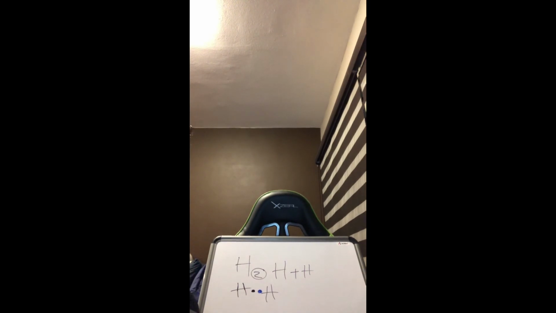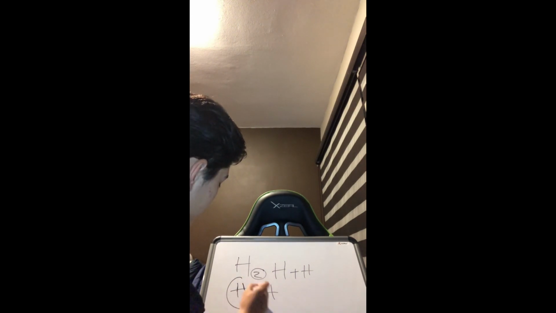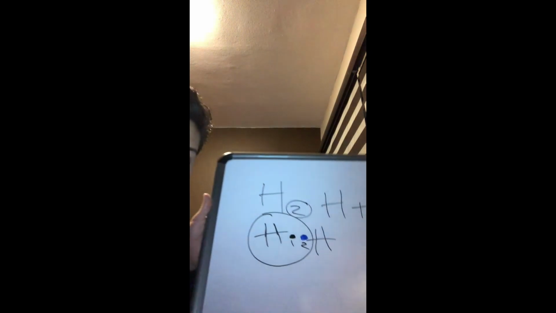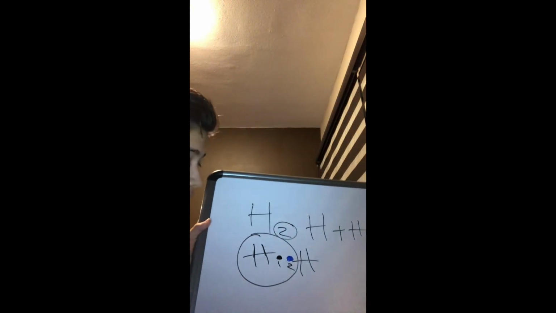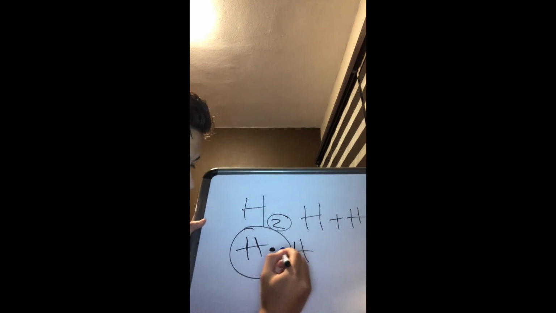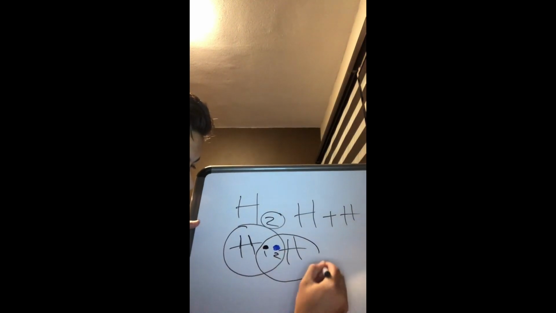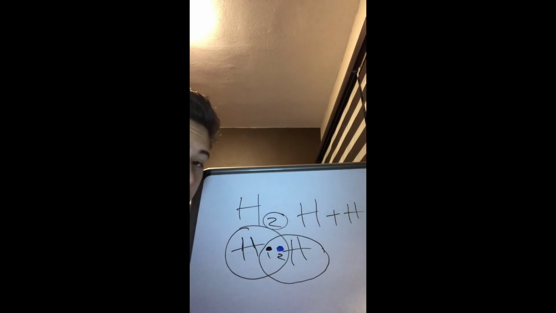As I explained at the beginning, for the duet rule we just need to have 2 valence electrons sharing, so we are completing it right here. We have 1 valence electron and 2. It's the same case in the other one, 1 and 2. We can circle it like that, and this is how you do the duet rule.